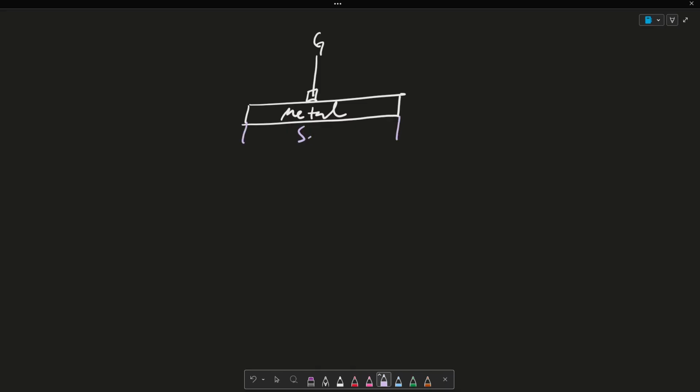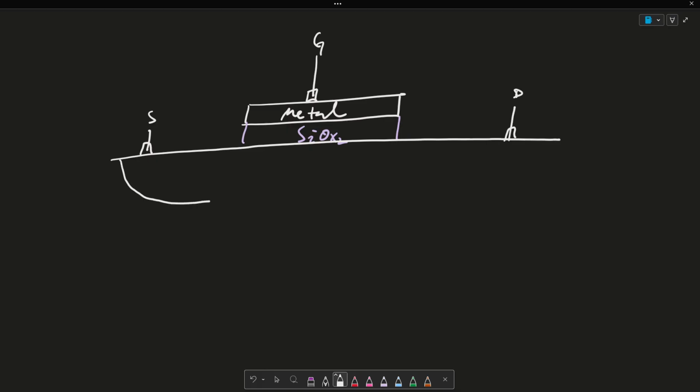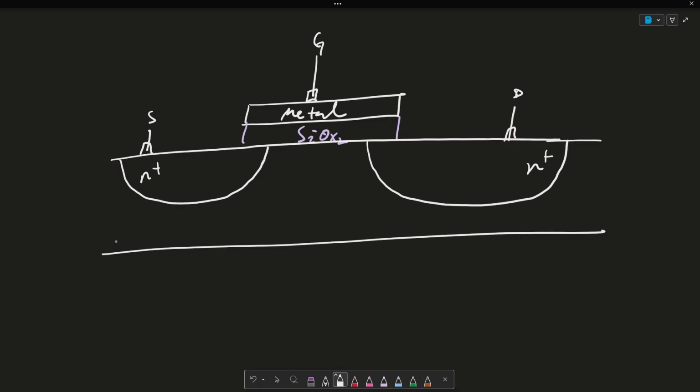We call this SiO2, or silicon dioxide. And this is my source. This is my drain. And the well overlaps a little bit with the silicon dioxide on both sides. The N plus regions are doped N type, and this is my P substrate.